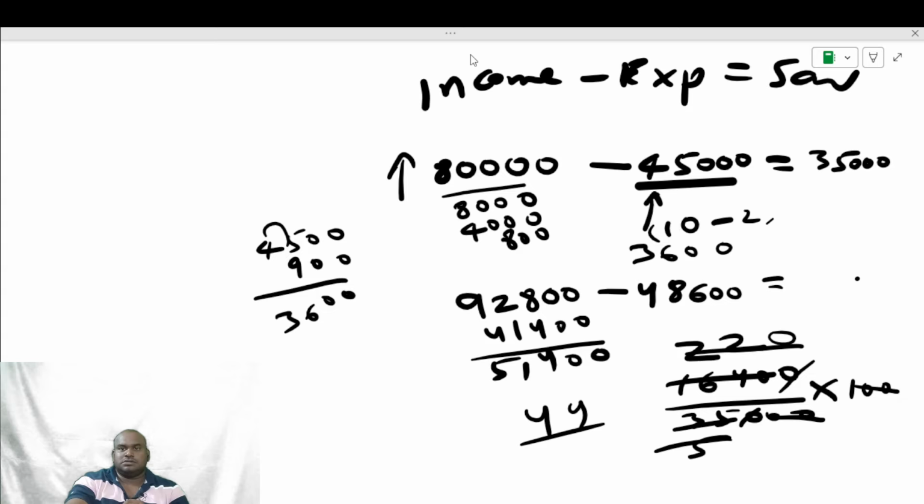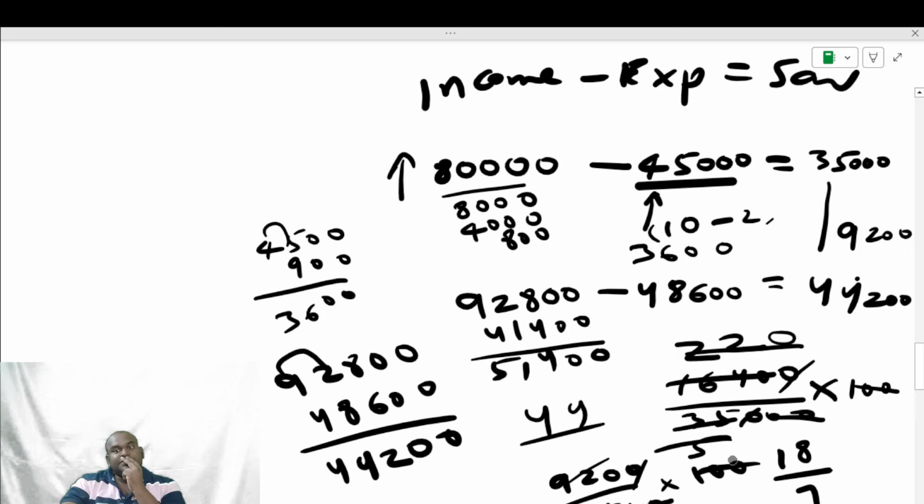Cancelling the zeros, 5 1 are 5, 5 8 are 40. Subtracting here and cancelling here. 5 1 are 5, 5 4 are 20.